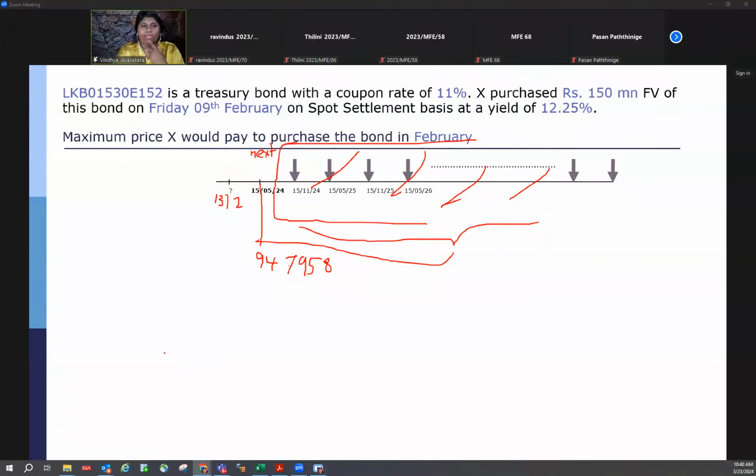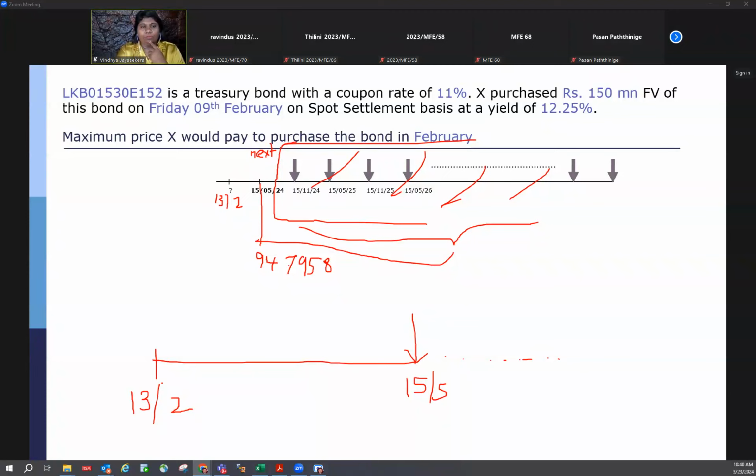So now today is 13th of February. The next coupon is being paid on 15th of May. And after that, I have a set of cash flows that I will get as well.